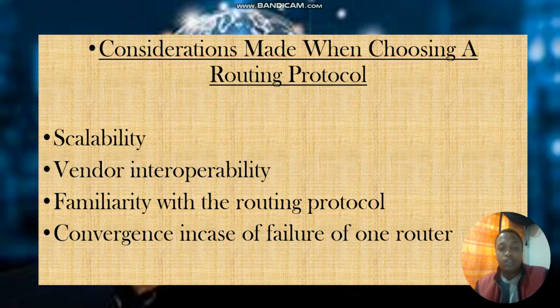We have what we call convergence in case of failure of one router, and this is the time that it takes for your network to recover and be up, so that you can get failover services.